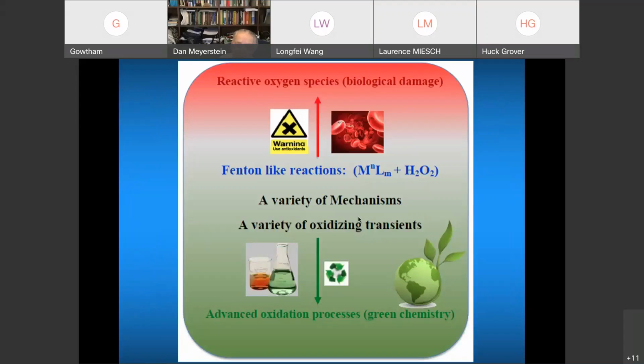It is important because of two reasons. The red reason up is that it is claimed that the Fenton reaction is one of the main sources of oxidative stress in our body and other living systems, including plants, and that therefore we get aging, and about 70 diseases are claimed to be attributed to the Fenton reaction.